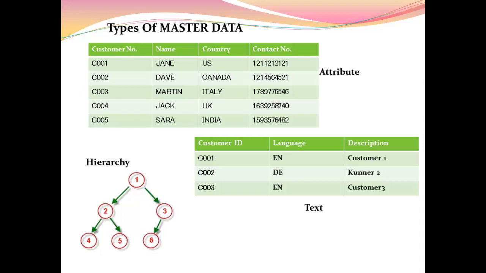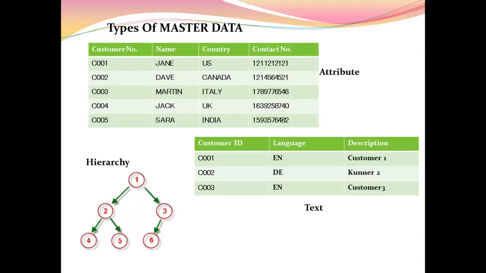Now in the text type of data, the same customer number is attached to its respective language. As SAP is used by multiple countries which speak multiple languages, it is supported in multiple languages.